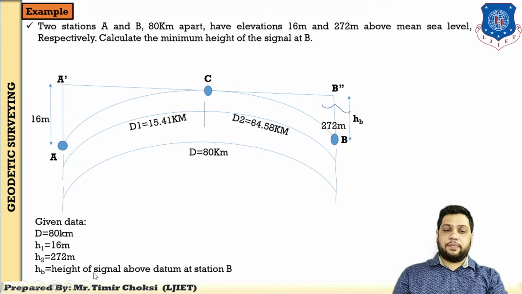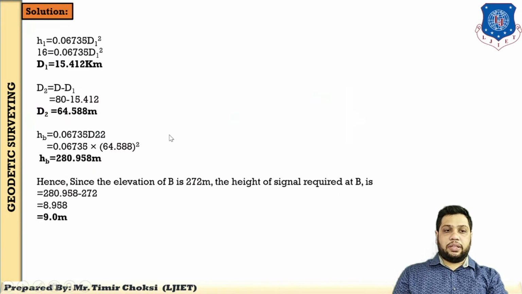So I find HB, the height of the signal above the station B. Now step number 1, first draw the figure. Step number 2, write the data given in the example. Now step number 3, you find the D1 distance, the D2 distance, and the height of the signal.